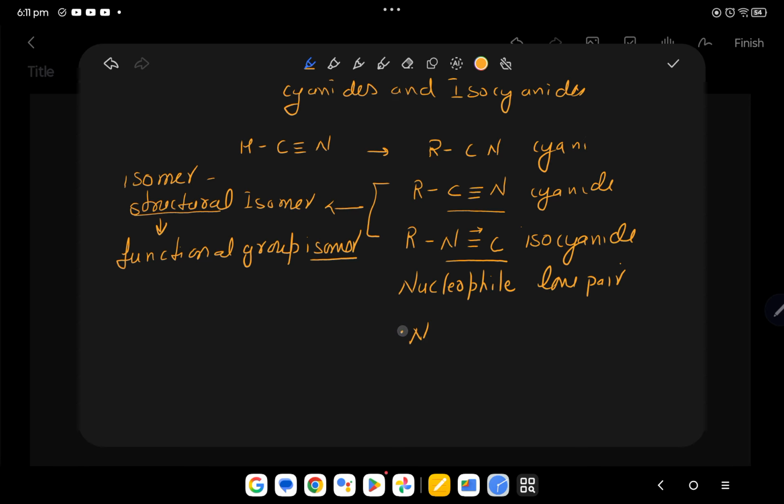When they donate the lone pair of electrons from the nitrogen side, it is a different nucleophile attachment, and when they donate the lone pair from the carbon side, they behave differently. So they are called ambident nucleophiles.